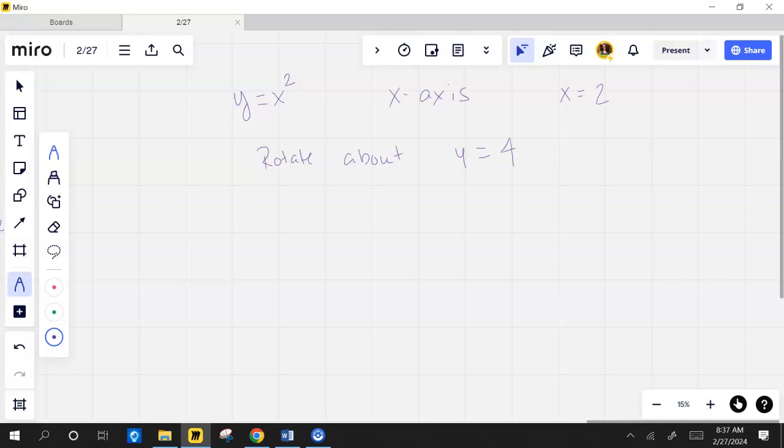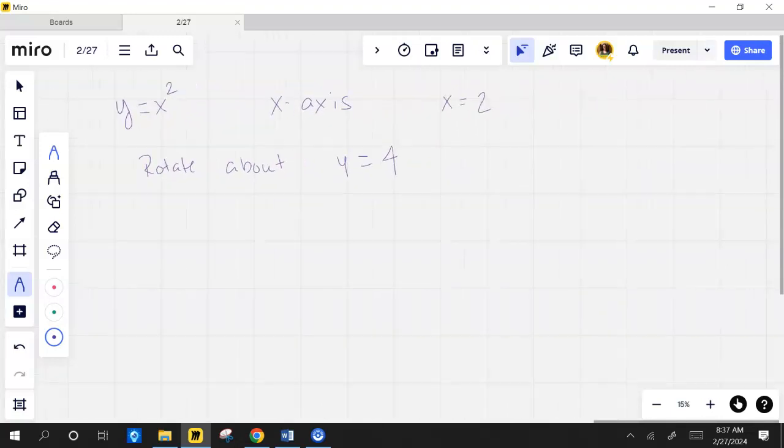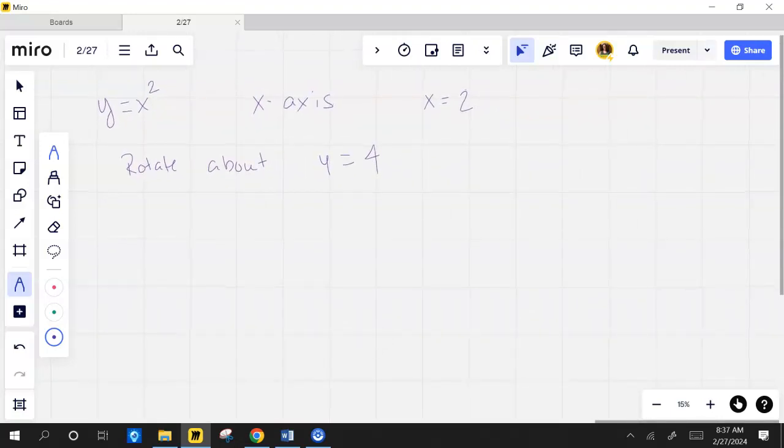All right, I'm going to go ahead and start sketching this region. This is the bottom right of the first page, the one that says 192 pi. All right, y equals x squared. That is just a parent quadratic.